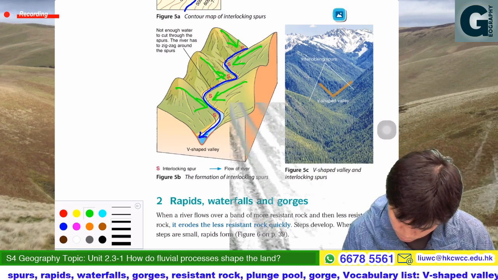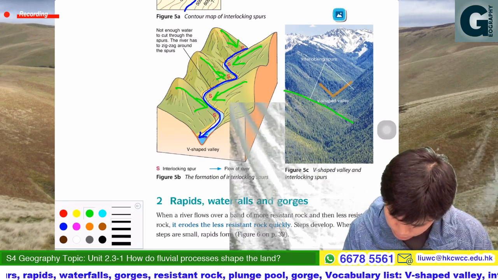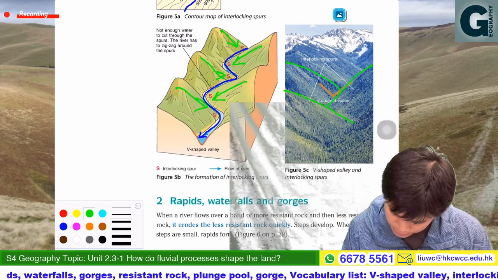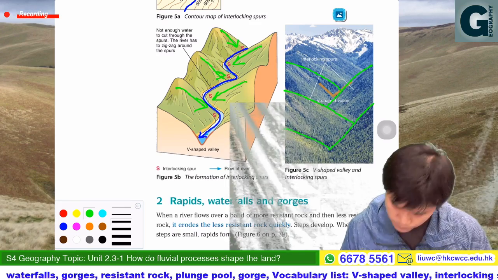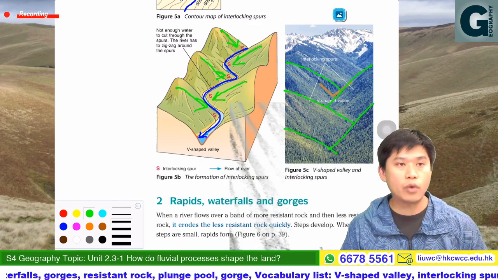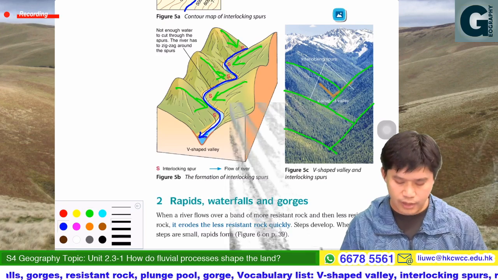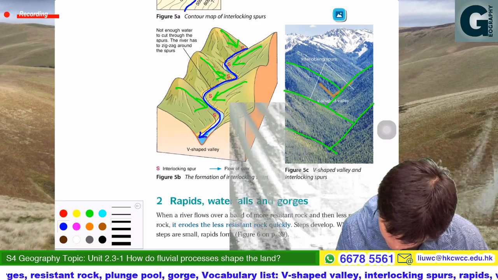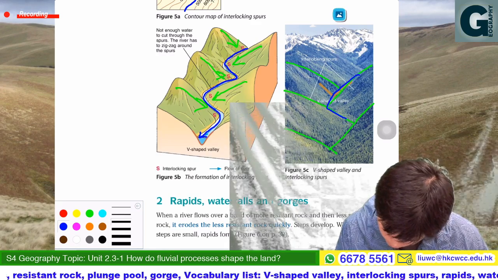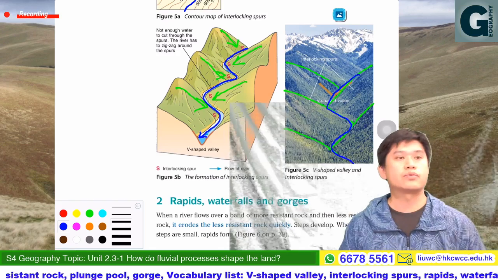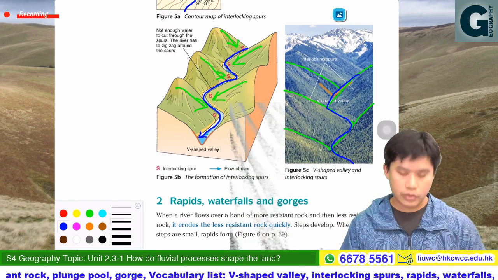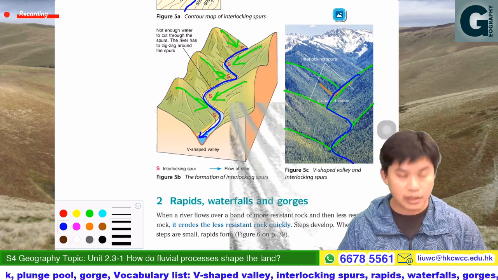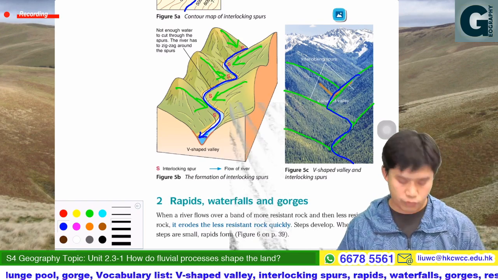One spur on one side and another on the other side, like this. This is what we call an interlocking spur. We may expect that the water flows in this way. So therefore, the first feature is the interlocking spur together with the V-shaped valley.